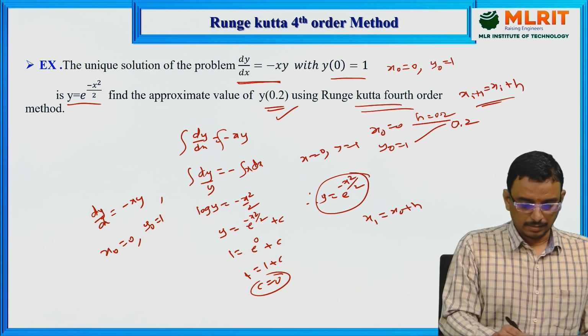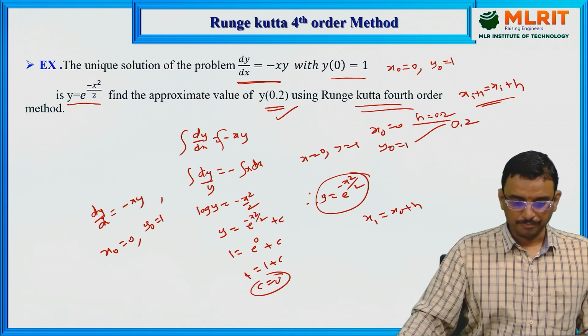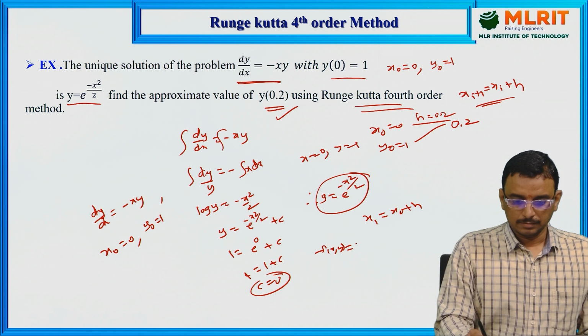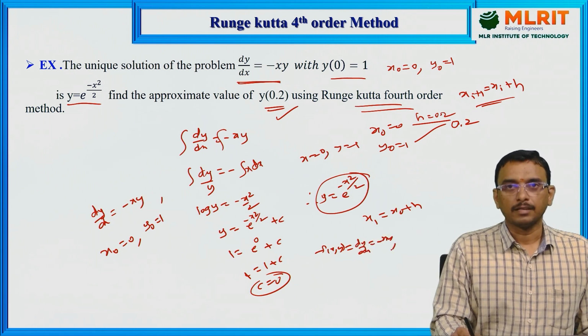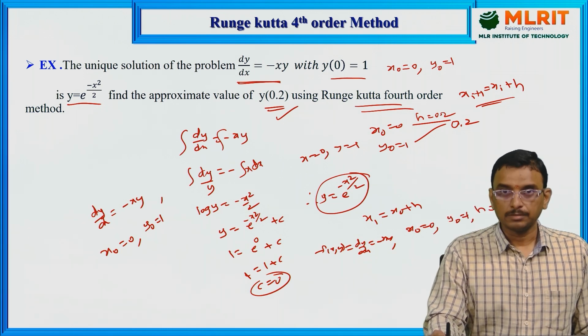So using one of the applications of the Runge Kutta method. Right, so here the given differential equation is f of x comma y is equal to dy by dx, that is minus xy, and y of 0, that is x0 is equal to 0, y0 is equal to 1, and h is equal to 0.2.